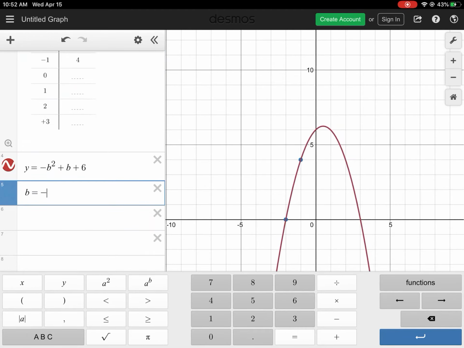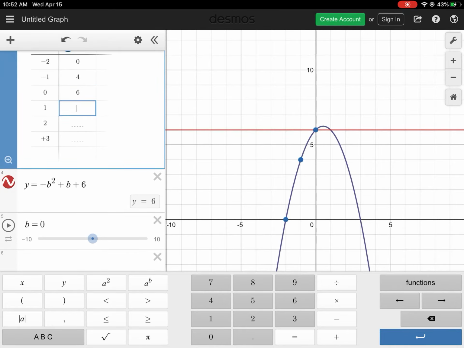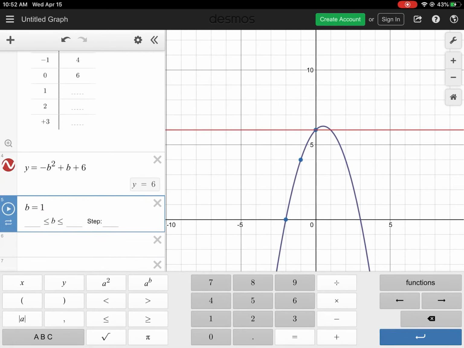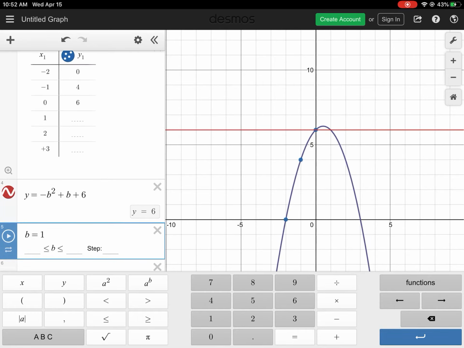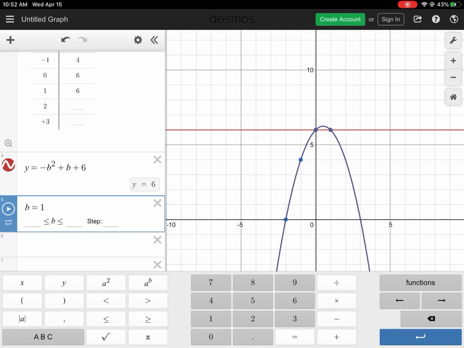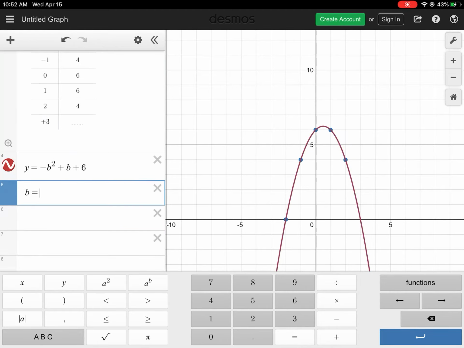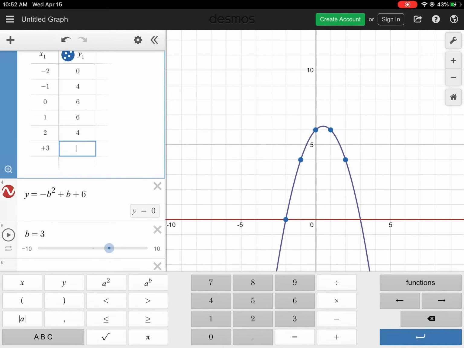If I say b is 0, I get an output of 6, and we knew that already because that was our y-intercept. If I do an input of 1, my output is also 6. An input of 2 gives me an output of 4. And an input of 3 gives me an output of 0.